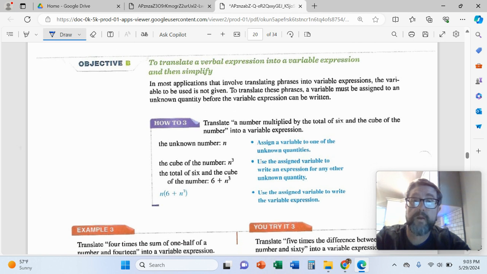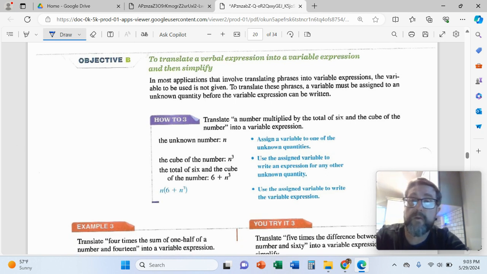Okay. The translation of a verbal expression into a variable expression, and then simplify. In most applications that involve translating phrases into variable expressions, the variable to be used is not given.